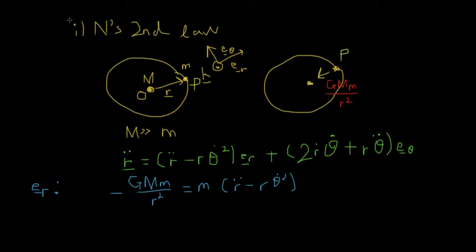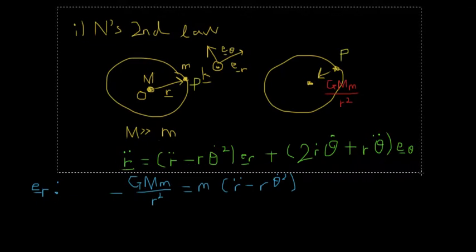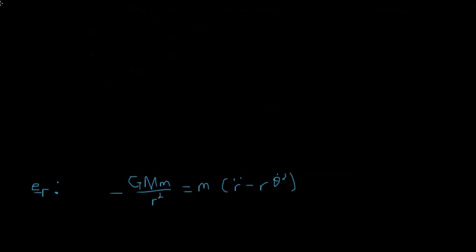Now let's take a look at this equation. We have two variables right now: r and theta dot, and that's going to be quite a problem, so we have to eliminate one of them.